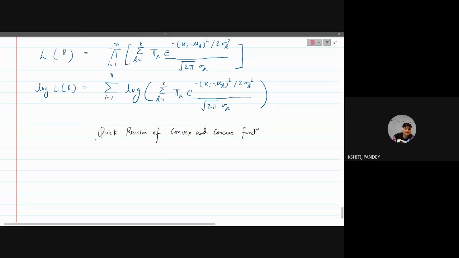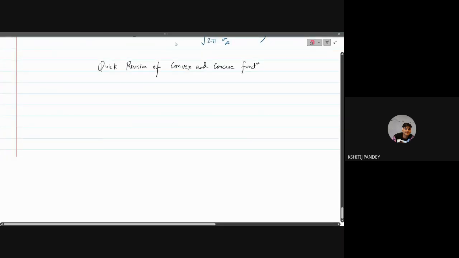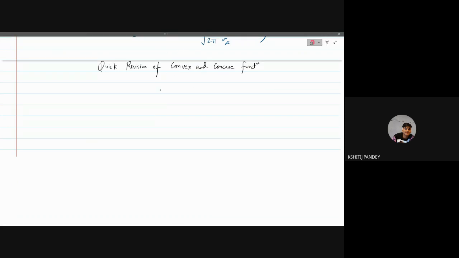Well, so when we talk about convex and concave functions, does anyone remember them?